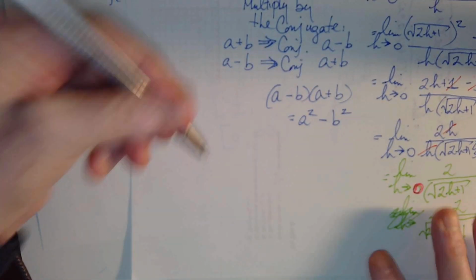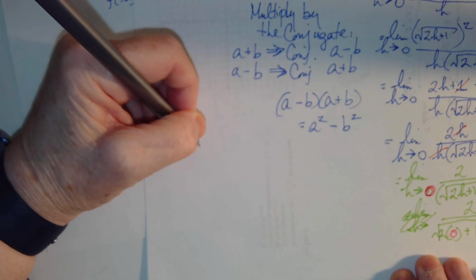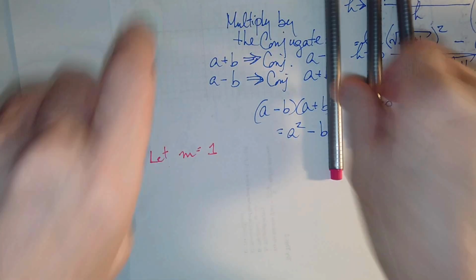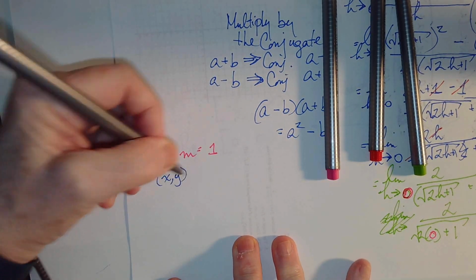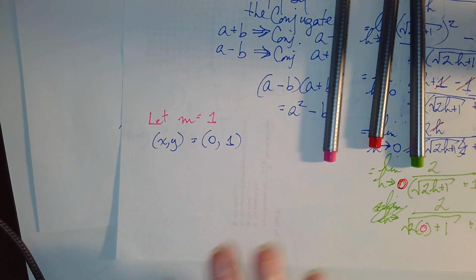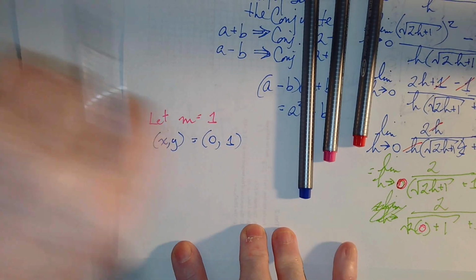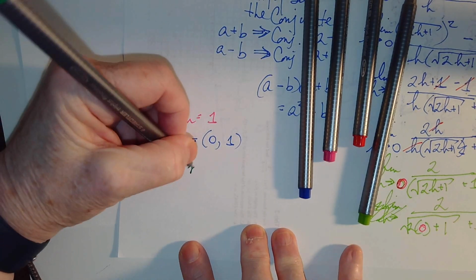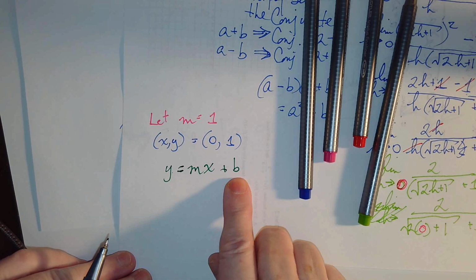So let's find it. Let's let m equal 1. And we said that x, y was 0, 1. So here we go. We have y equals mx plus b, and we're solving for b.